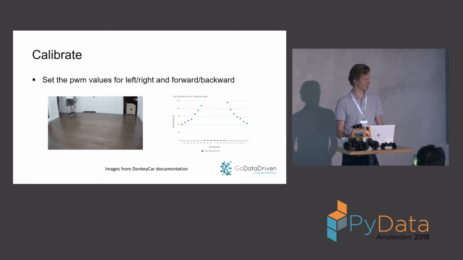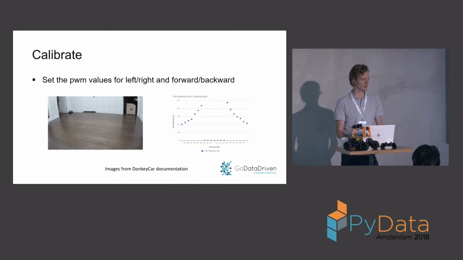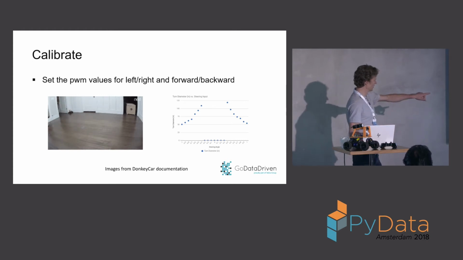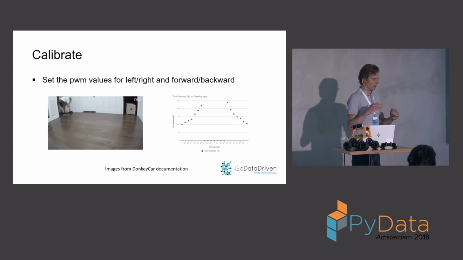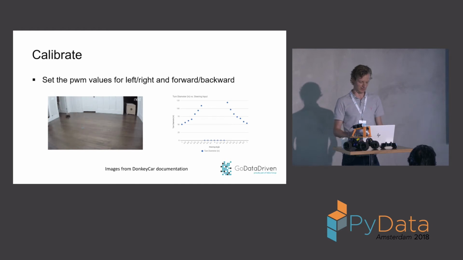We skipped it because we wanted to see if the car worked. But anyways, this is from the Donkey Car documentation. It makes sense to actually do the fine-tuning because what you want, let's say in the graph to the right, is, I don't know the correct data science word for it, a nice distribution.